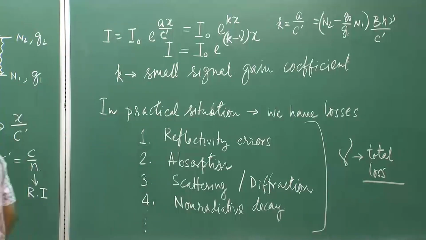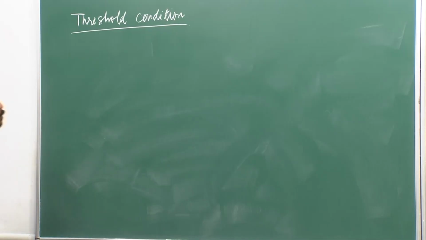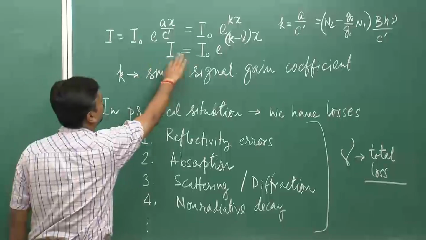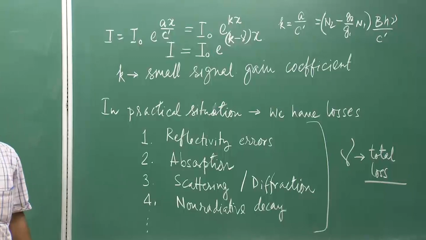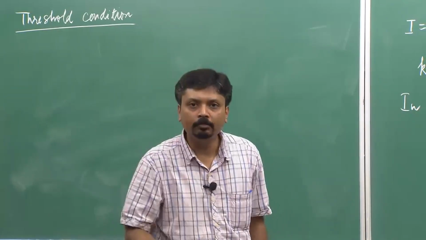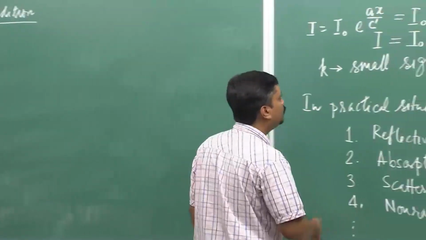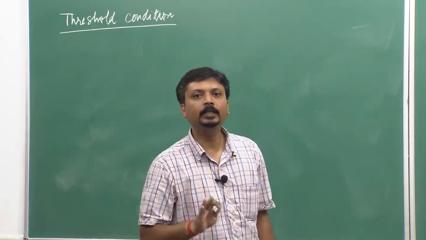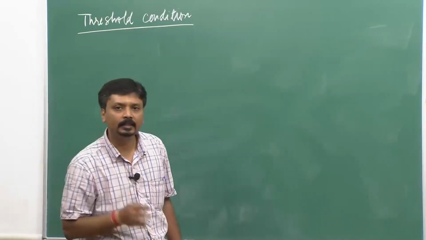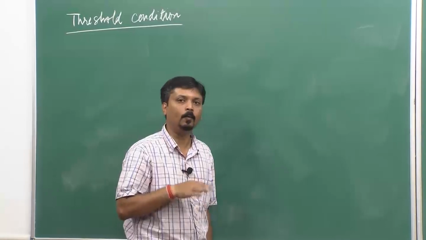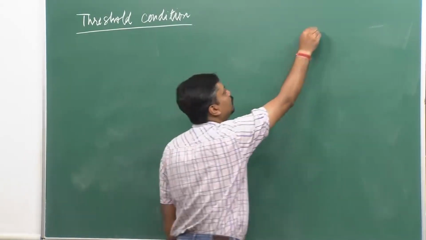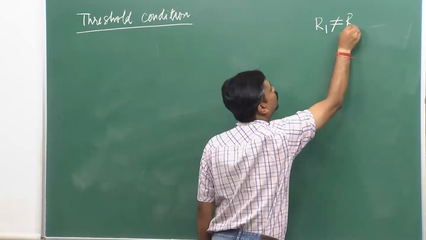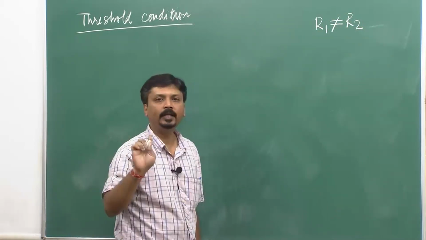All right. Now, we need to consider another thing. We got this expression thinking about the active medium, the process involving population inversion and stimulated emission, and all the losses. One thing we did not consider, which is by design of a laser cavity, it's always there. What is there? Because I know for a laser cavity, R1 is not equal to R2, where R1 and R2 are the reflectivities of two mirrors.